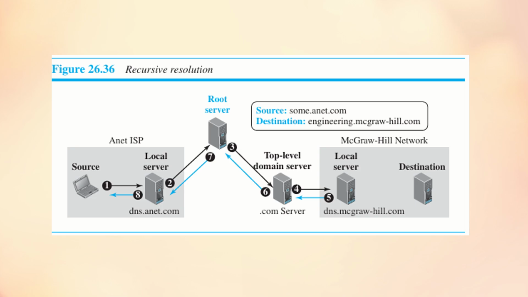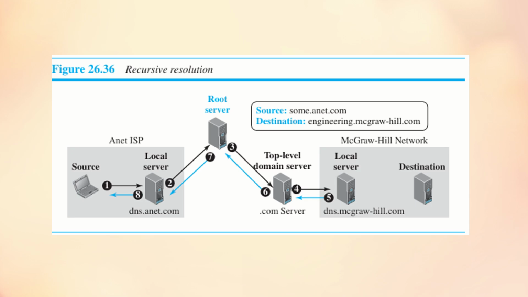Figure shows a simple example of recursive resolution. We assume that an application program running on a host named some.anet.com needs to find the IP address of another host named engineering.macrohill.com. The same example is quoted in the textbook, so I am taking that same example.